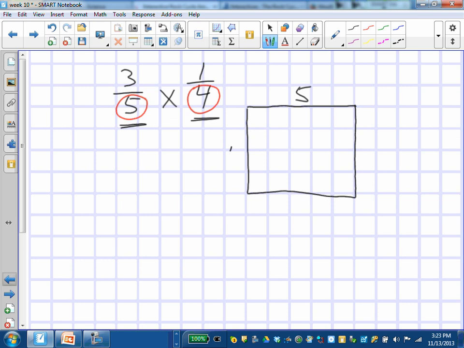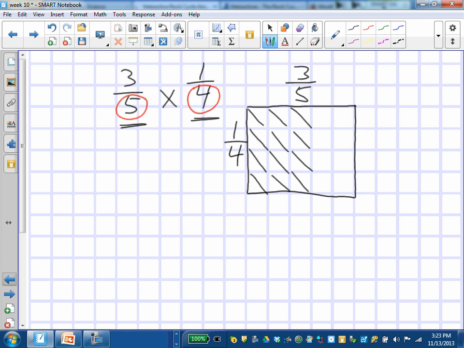This would be a 5 by 4, but I'm only interested in 3 of those 5 columns. So I'm going to do a diagonal, 1, 2, 3, through 3 of the columns. So there are my 3 columns that I'm interested in, and I'm only interested in 1 row of those 4 rows.